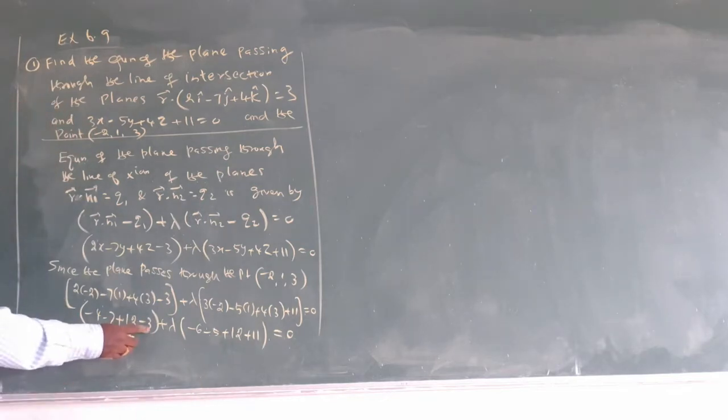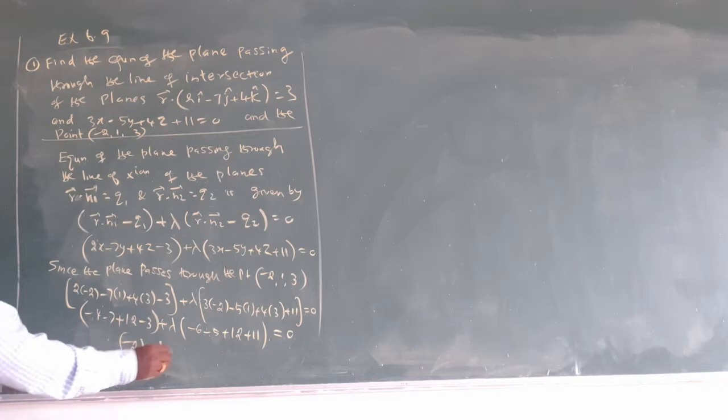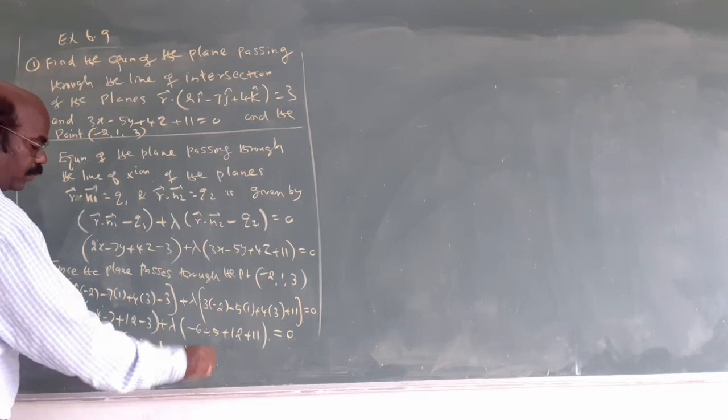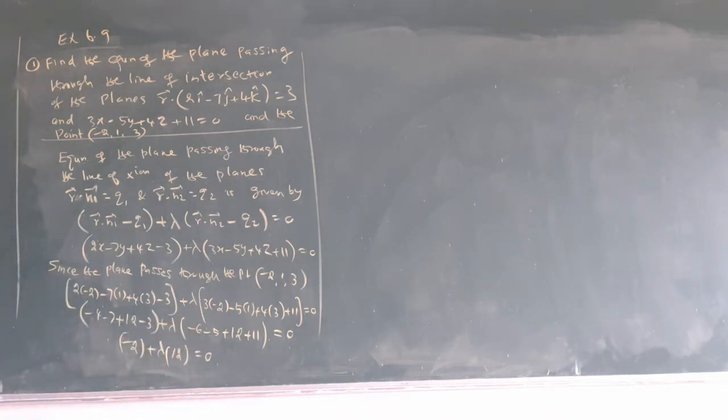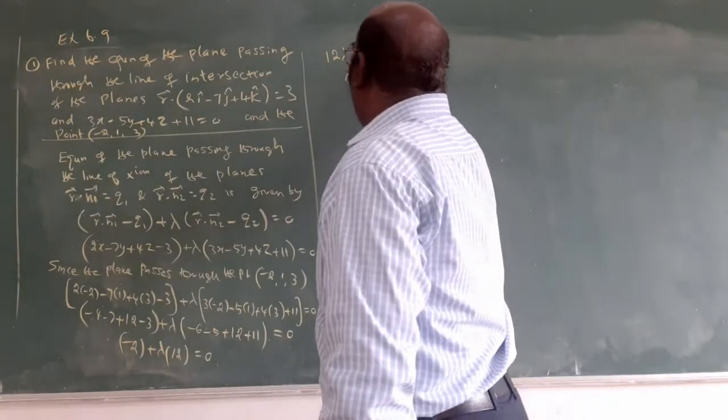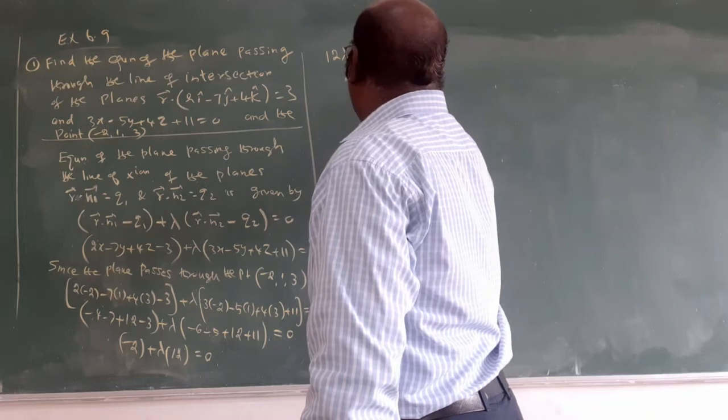Now minus 4, plus lambda into 12. Am I right? We want lambda. That's why 12 lambda equals 2. Lambda equals 2 by 12, that is 1 by 6.